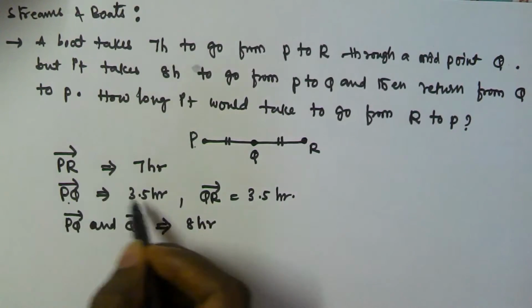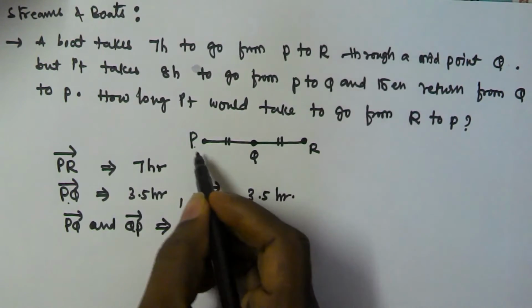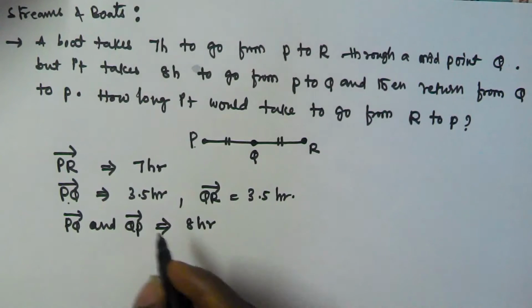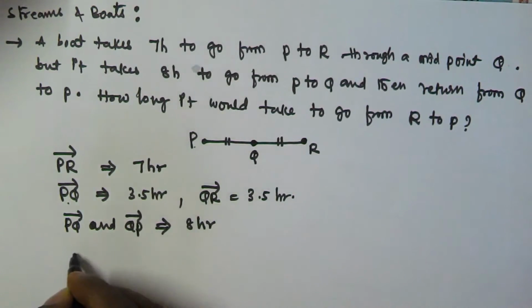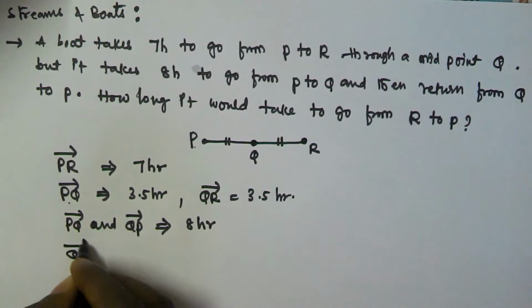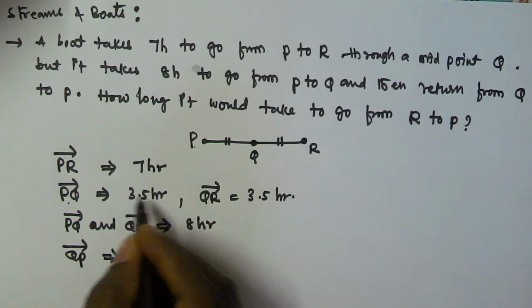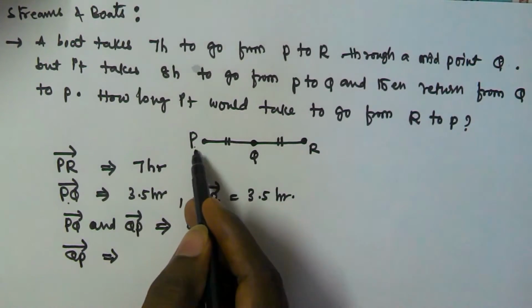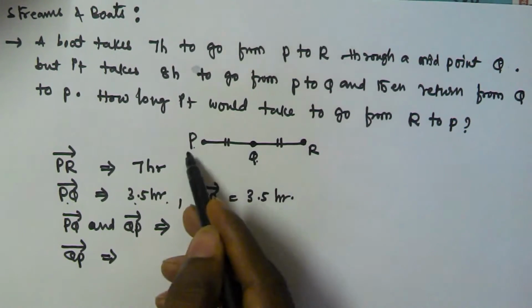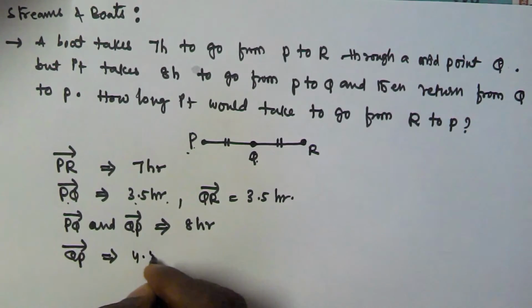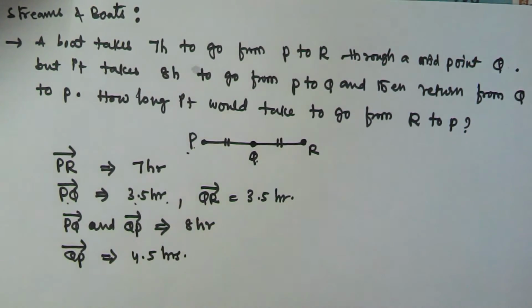So Q to P is going to be 8 minus 3.5. Why? Because to move from P to Q takes 3.5 hours and P to Q, Q to P is 8 hours. Then Q to P is going to be 4.5 hours.